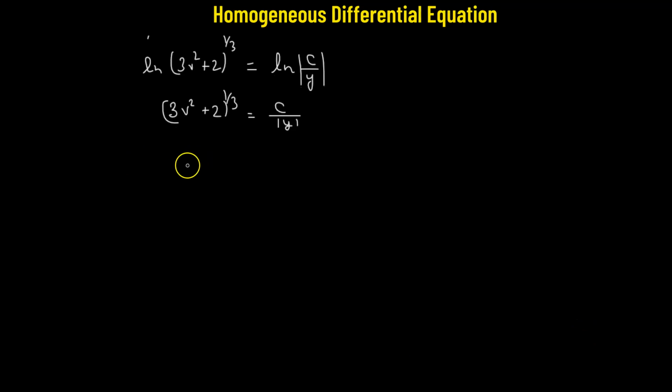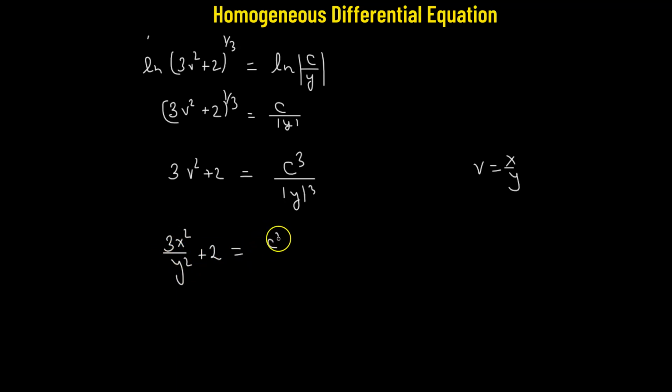So we'll have 3v squared plus 2 equals c cubed divided by y cubed. Now what's v squared? We assumed that v equals x over y, so let's substitute it here. So v squared gives us x squared over y squared, plus 2, equals c cubed over y cubed, or simply y. We'll consider the positive values.